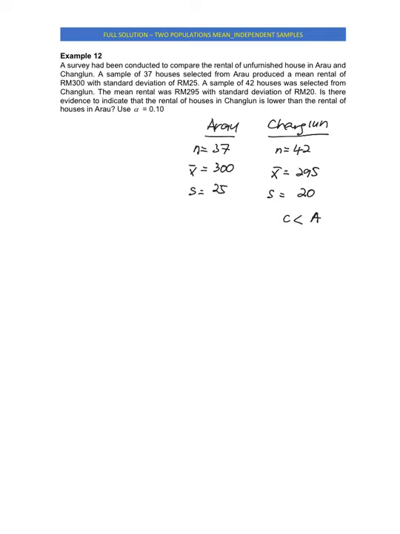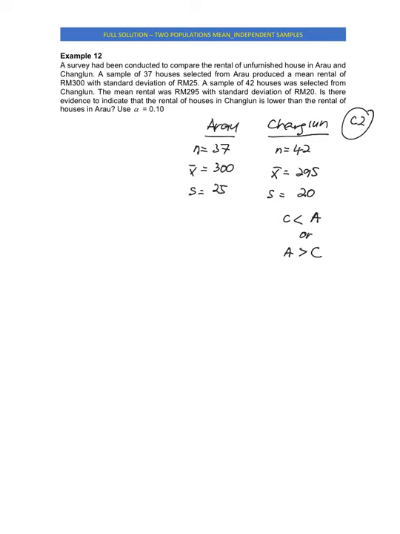But if we look here, n for both populations are greater than 30. So we're going to use case number 2. They want to test whether rental of houses in Changlun is lower than rental of houses in Arau. You can do Changlun less than Arau, or Arau greater than Changlun, never mind.